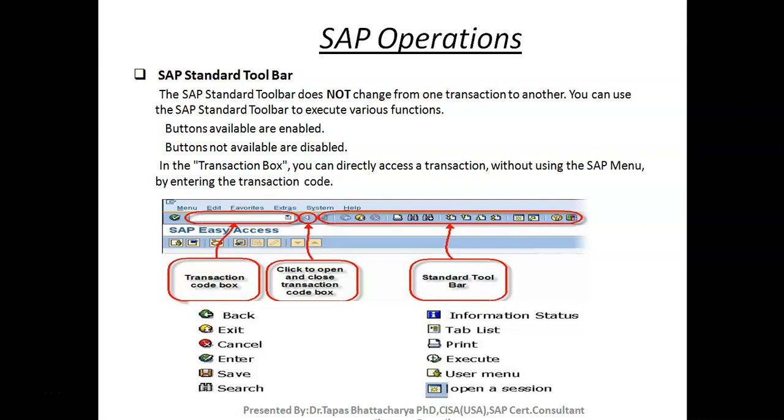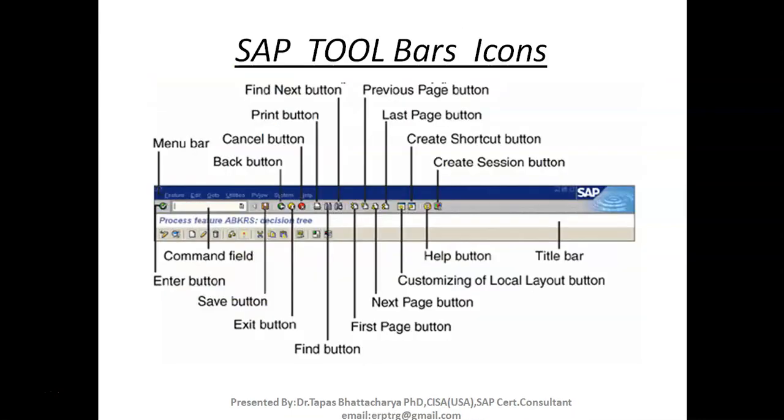Most important is the transaction code box. In the left hand side you see the blank space. That's where we enter the transaction we desire. This slide talks about the toolbar icons in detail. We have a find next button, a previous page button, a last page button, print options, cancel options, menu bar, back button, and we have the create session button and create shortcut button.